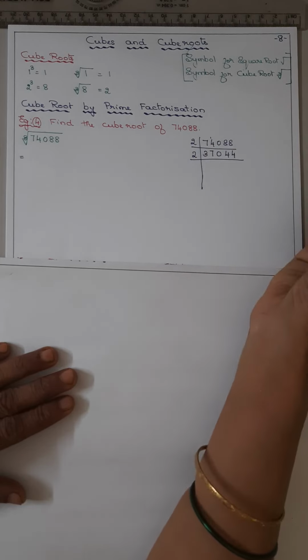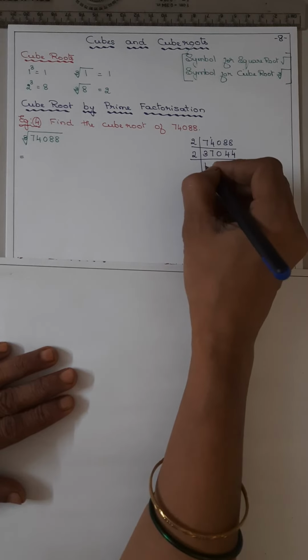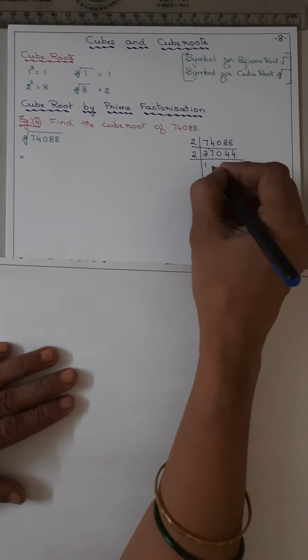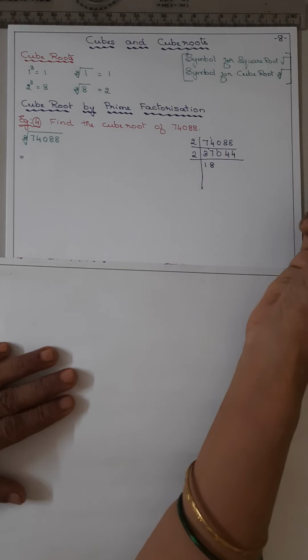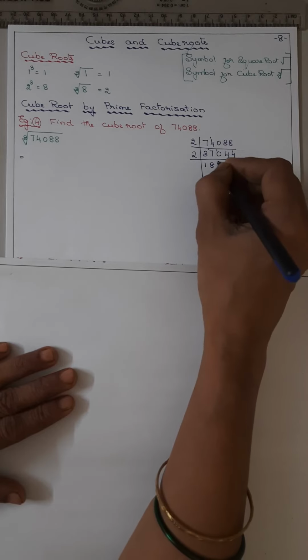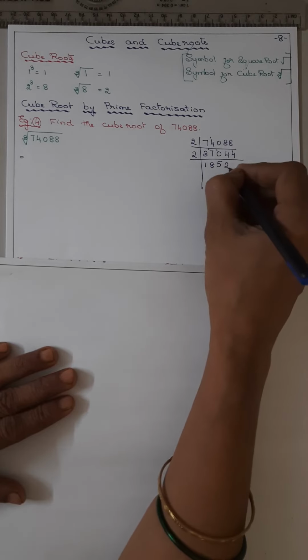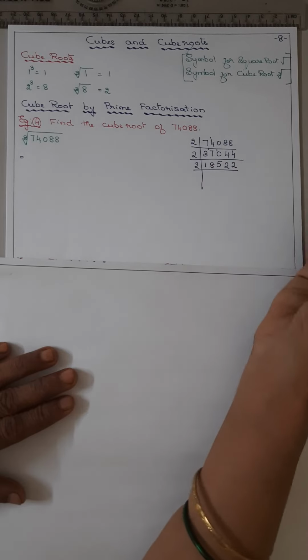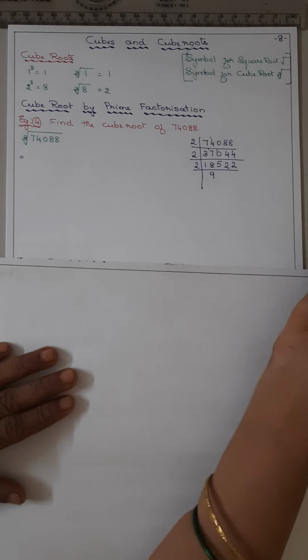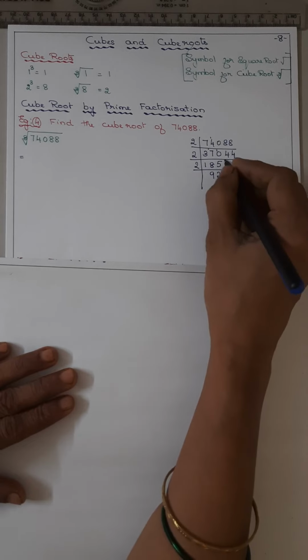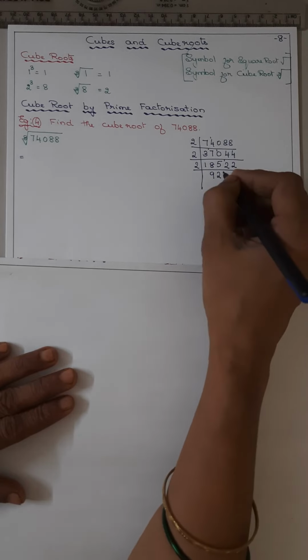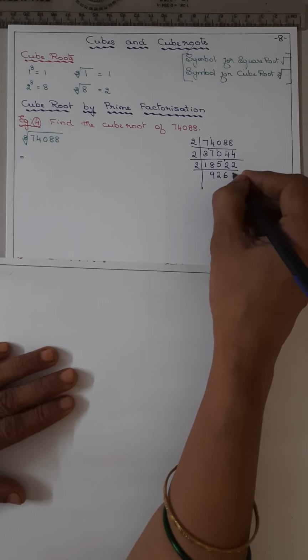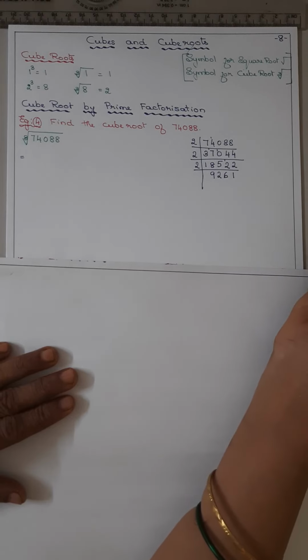Now again 2. 2 1s are 2, 1 remains. 2 8s are 16, 1 remains. 2 5s are 10. 2 2s are 4, 2 2s are 4. Again 2 9s are 18, 2 2s are 4, 1 remains. 2 6s are 12, 2 1s are 2.